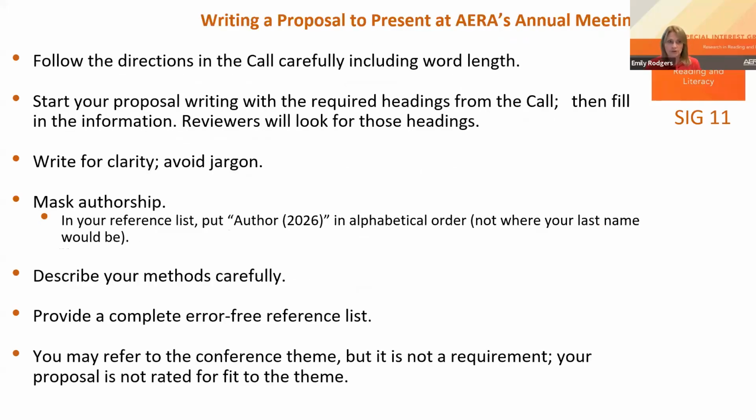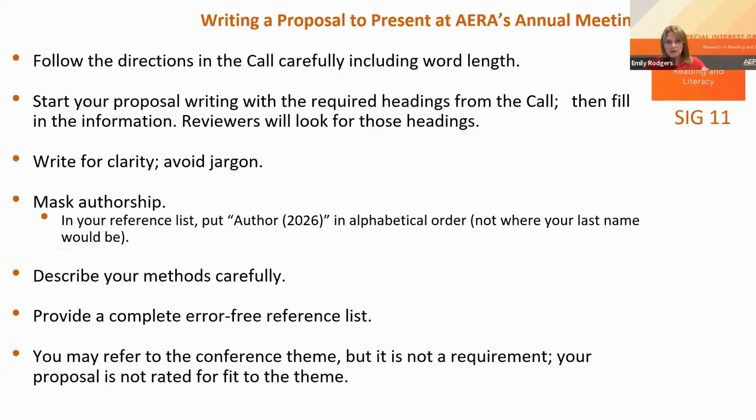When you're writing your proposal for AERA, just like any invitation for proposals, it's really important that you follow the directions very, very carefully. That document, the call for submissions to the annual meeting, it's very detailed.